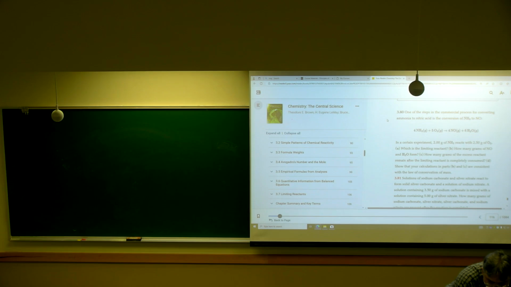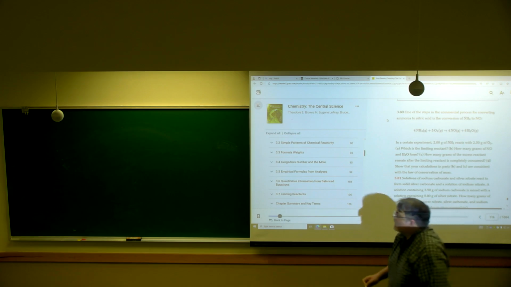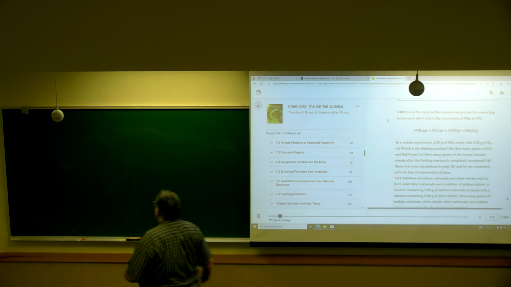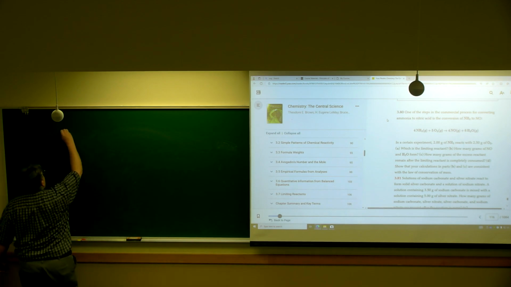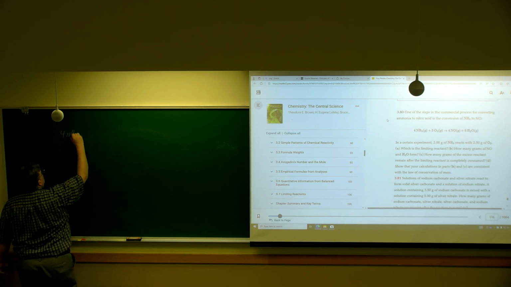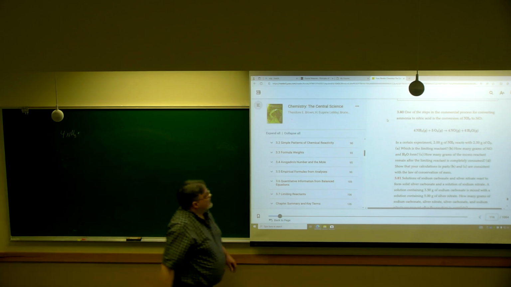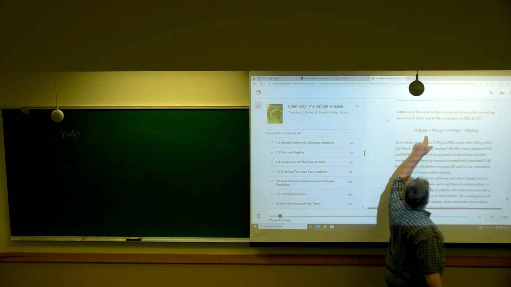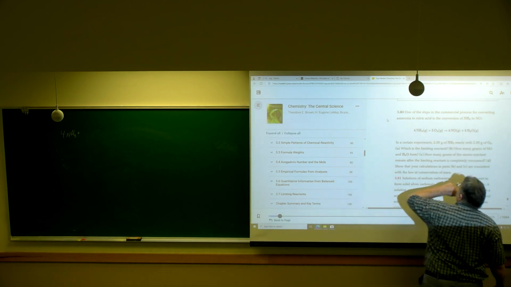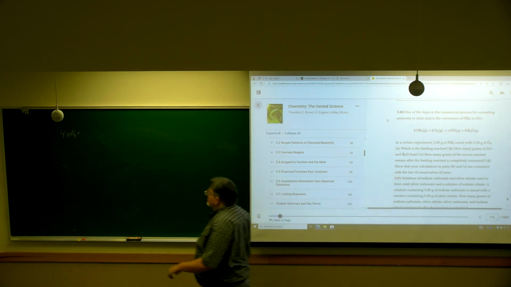2 grams of NH3 is put in, 2.5 grams of O2. First question is, what is the limiting reactant? So let's do this. I guess I better write it. 4 NH3 plus 5 O2 makes 4 NO plus 6 H2O. And again, I'm not going to write these just because we don't need them for what we're doing.